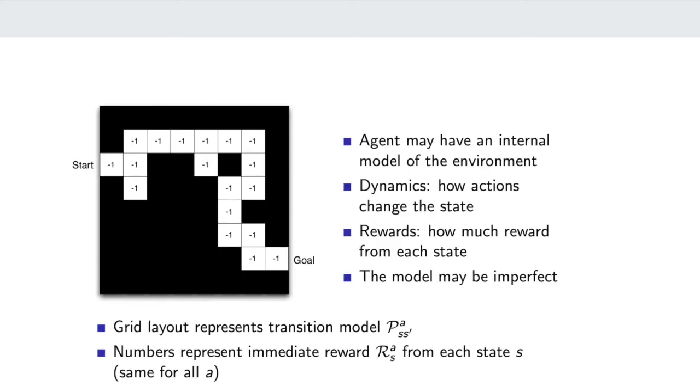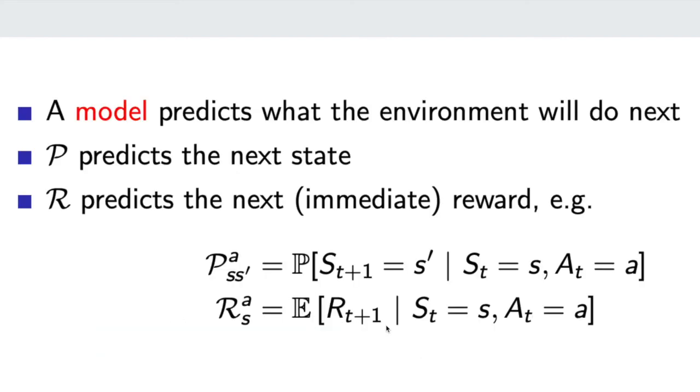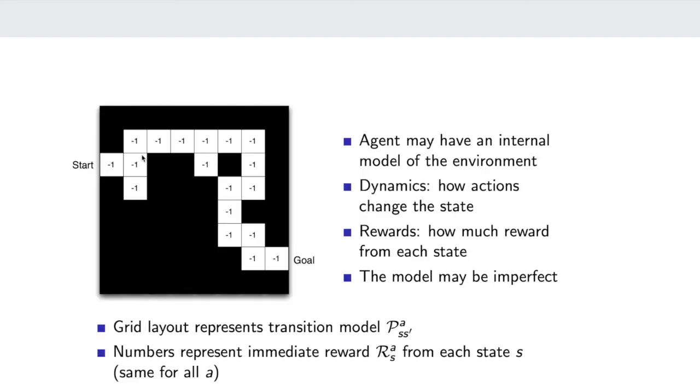And so for a grid world problem here, you can imagine that this could be a model of our world, where the P thing that we discussed earlier, which represents the probability of the next state, is represented in the boxes that are adjacent, right? So for this block here, the adjacent blocks are here and here. So this represents P, our transition model. Like what states can we get to given the current state?